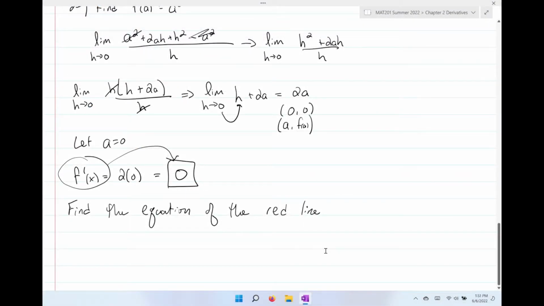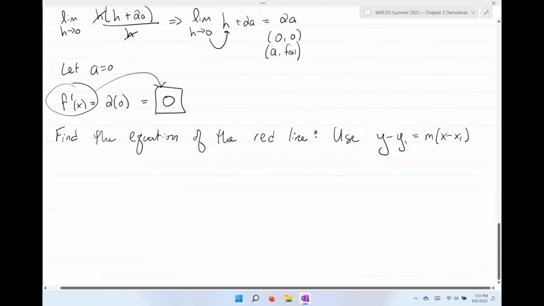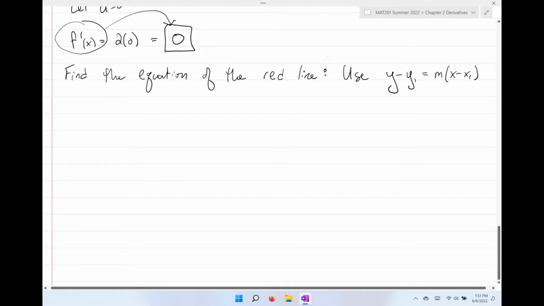Let me demonstrate that to you. Anytime you want to find the equation of any line, you're always going to have to use this: y2 minus y1 equals m times x2 minus x1. That's what you were taught a long time ago. But now you are in calculus class. You are no longer going to worry about this letter m.